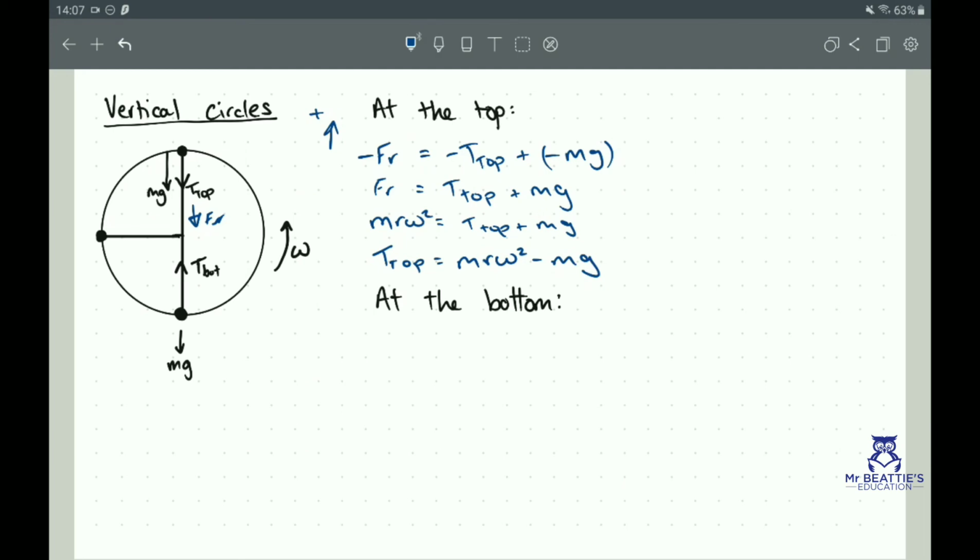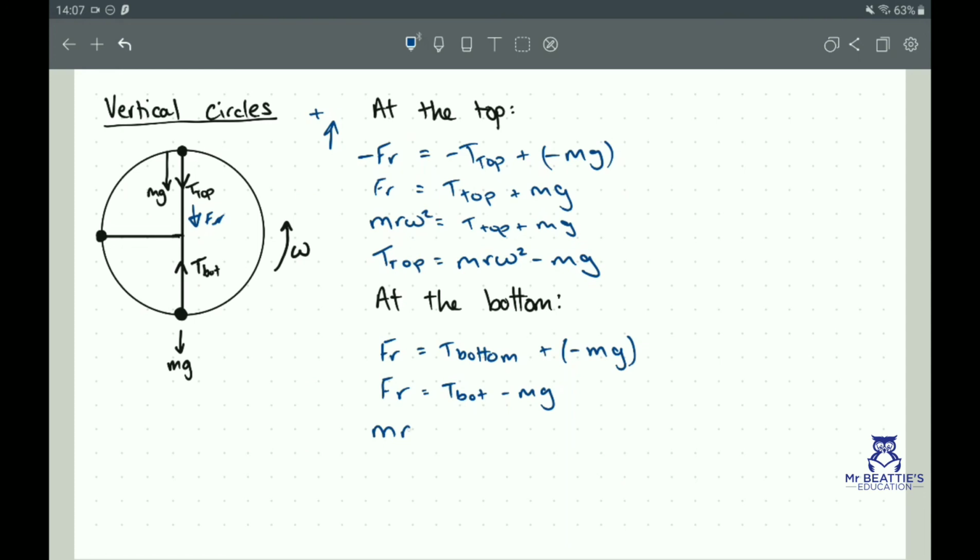Okay? And then at the bottom, our resultant force is acting towards the center, so FR is going to be positive, and that's going to be equal to T bottom plus minus mg, because mg is still acting downwards. So therefore FR is going to be equal to T bottom minus mg. And again, FR is our resultant, it's our centripetal force.